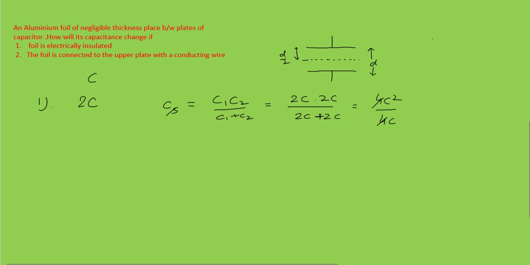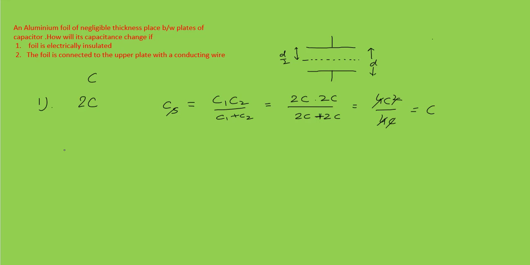Now cancelling 4 with 4 and C square with C, we get C. So the equivalent capacitance for this series combination is C. We can simply say that there is no effect of putting the aluminium foil between the plates of the capacitor, as it remains C.